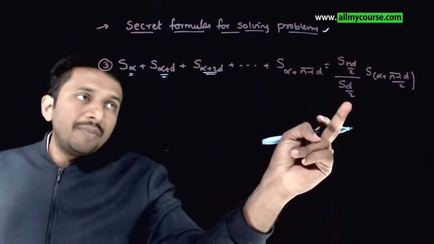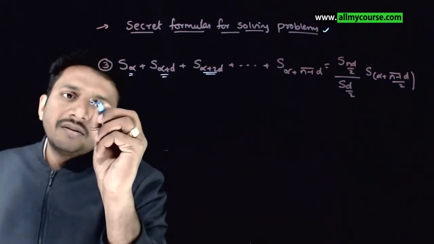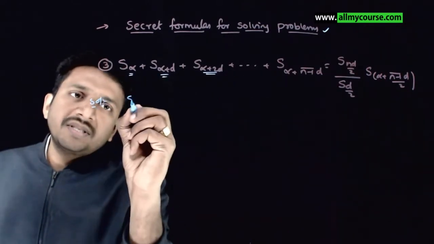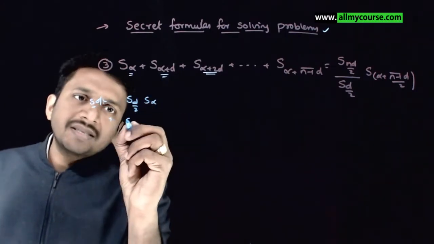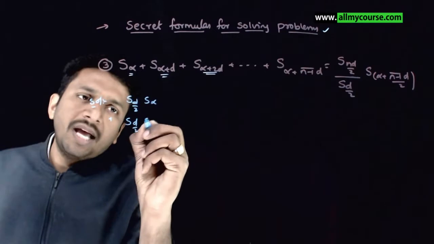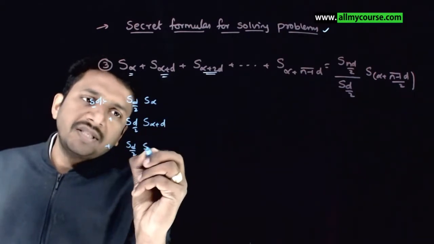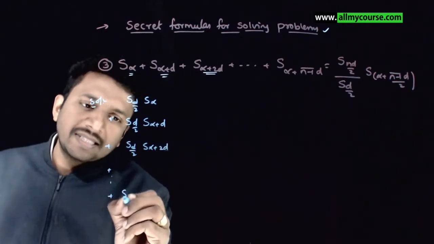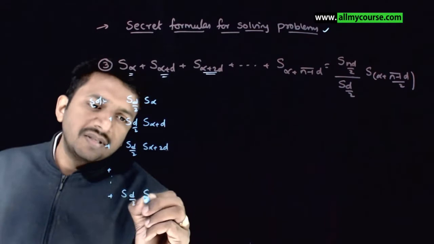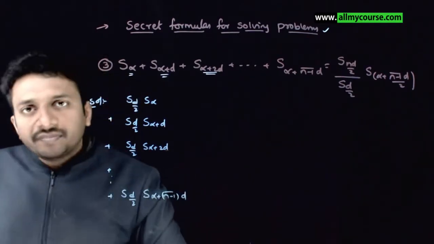So what happens if you multiply sine d by 2 with this? The LHS becomes sine d by 2 times sine alpha plus sine d by 2 times sine alpha plus d plus sine d by 2 times sine alpha plus 2d, plus so on, plus sine d by 2 times sine of alpha plus n minus 1 times d.